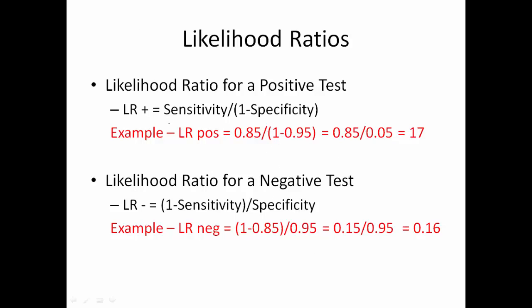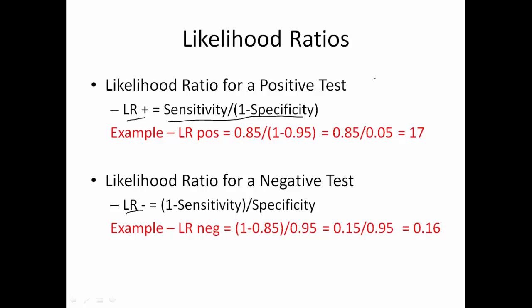So if we calculate likelihood ratios, these are the equations. Likelihood ratio for positive test is sensitivity over 1 minus specificity. So what do we have here? We have the likelihood ratio of items that don't change with prevalence. So we can use these likelihood ratios at different prevalences, and we'll show you how that works in a second. So you calculate them using sensitivities.